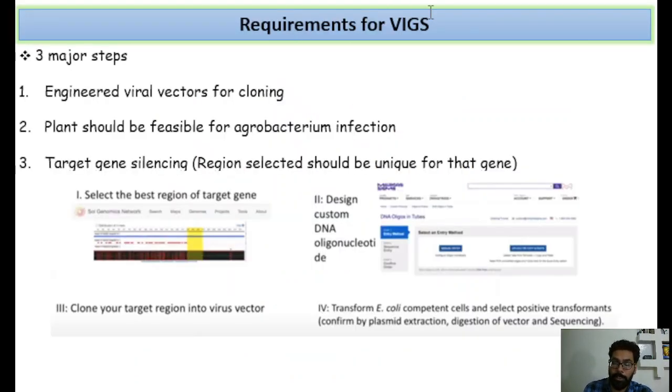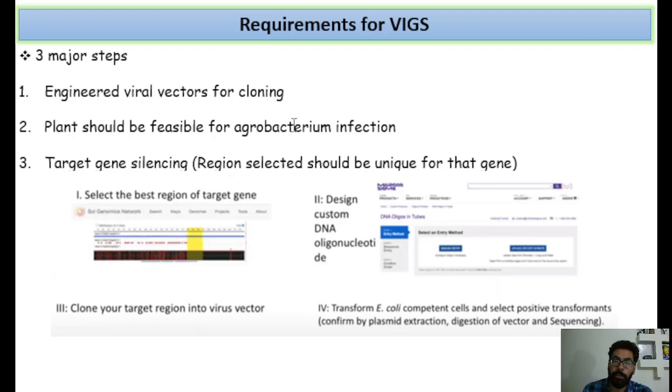So what are the major requirements for virus-induced gene silencing? As we already discussed, we need a viral vector for confusing the host to initiate its gene silencing machinery. Then the plant should be feasible for Agrobacterium infection, because we have to introduce the viral vectors into the plants by Agrobacterium inoculation.